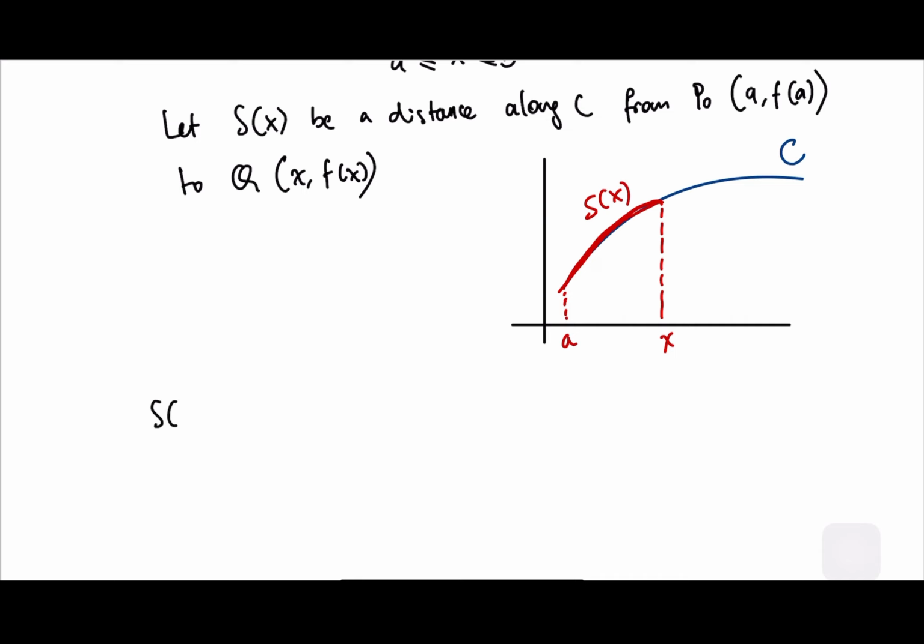So s is a function, and we are going to have integration from a to x of the square root of 1 plus f prime of t squared, with the variable t, dt. And this is actually a similar looking equation to the fundamental theorem of calculus.